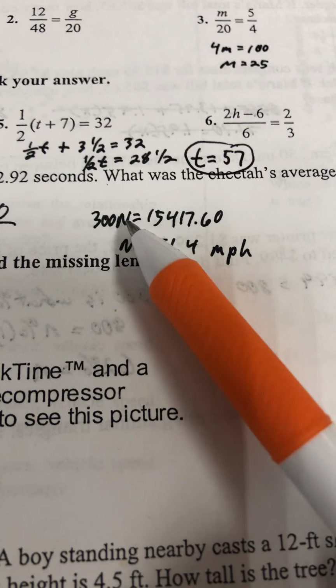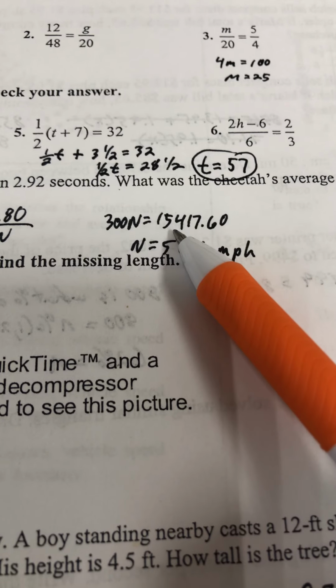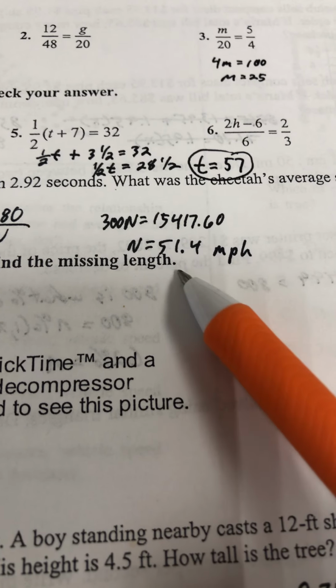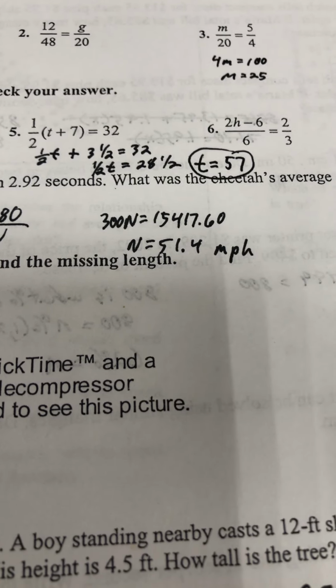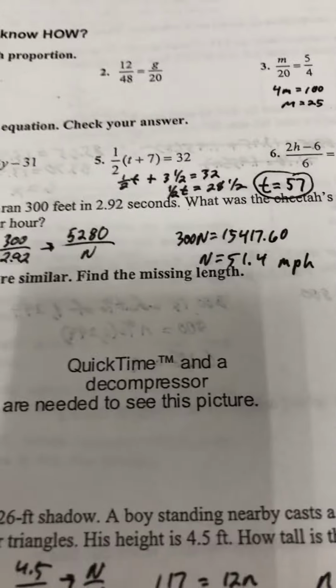So I just take this, I cross multiplied, and it ends up being like this. I have 15,417.60. I end up getting about 51 miles per hour, a little over 51 miles per hour is the cheetah's average speed.